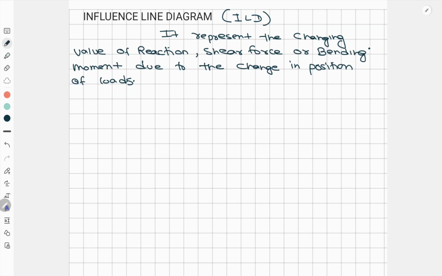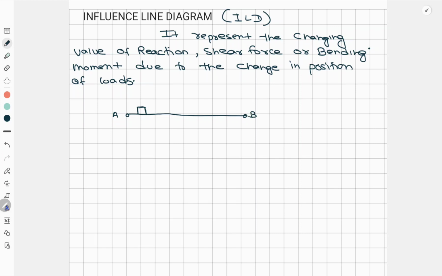Suppose, for an example, I'll explain by taking an example. So this is a road or it can be a bridge. Okay, and in this bridge this vehicle is moving. Suppose this is a point A and B, the starting and the ending point.